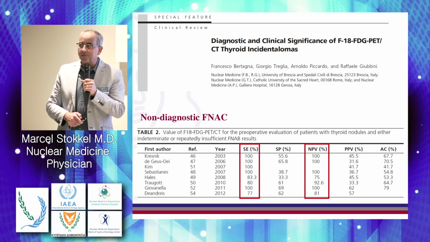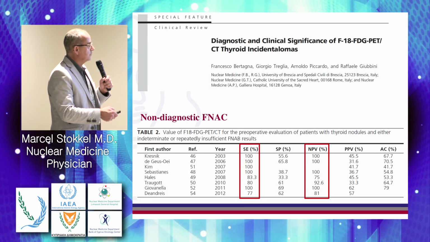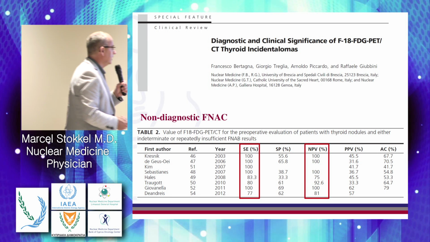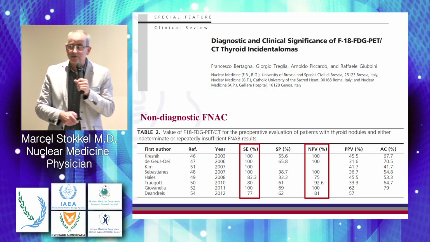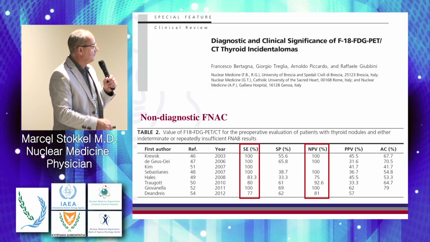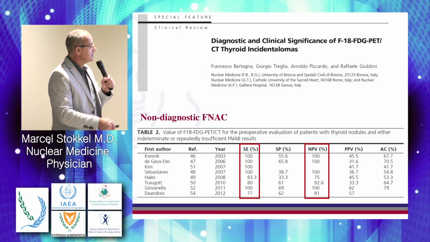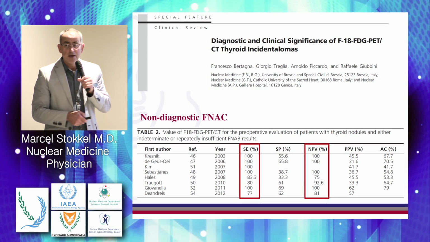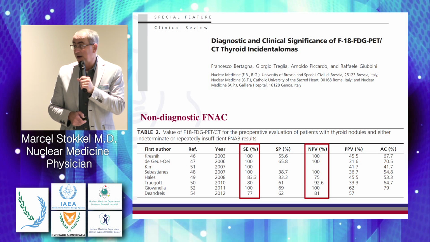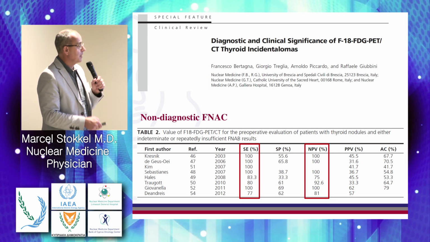And when you look at this paper, I think this was a very recent paper, that was not only dealing with incidentalomas, but also with non-diagnostic fine needle aspiration and cytology results. You can see, in fact, comparable results. The overall sensitivity of FDG PET scan after an insufficient FNAC or FNAB biopsy is 100%.